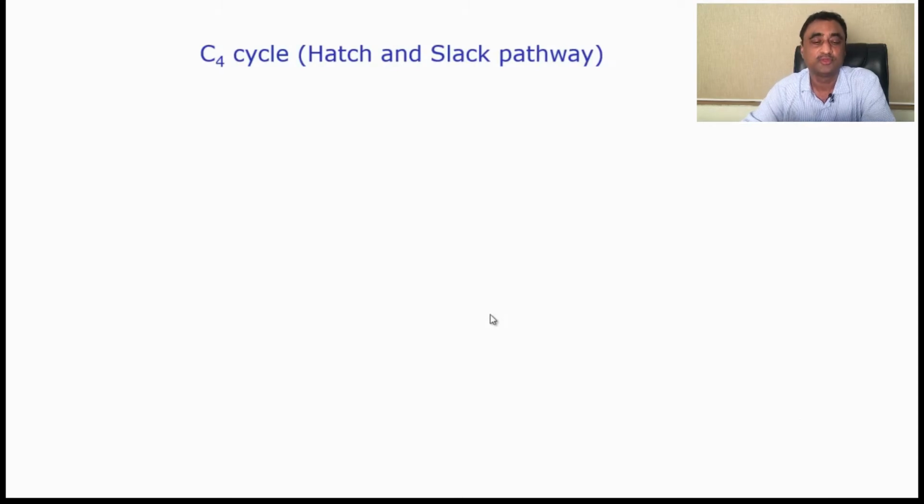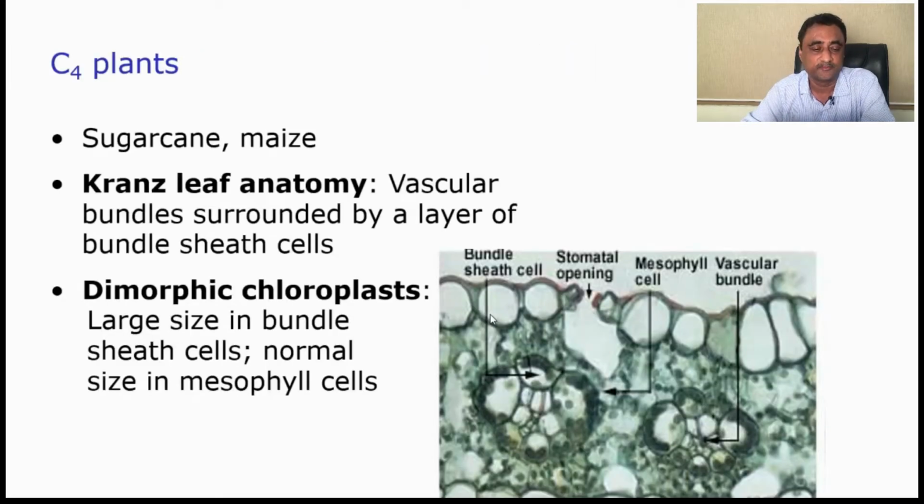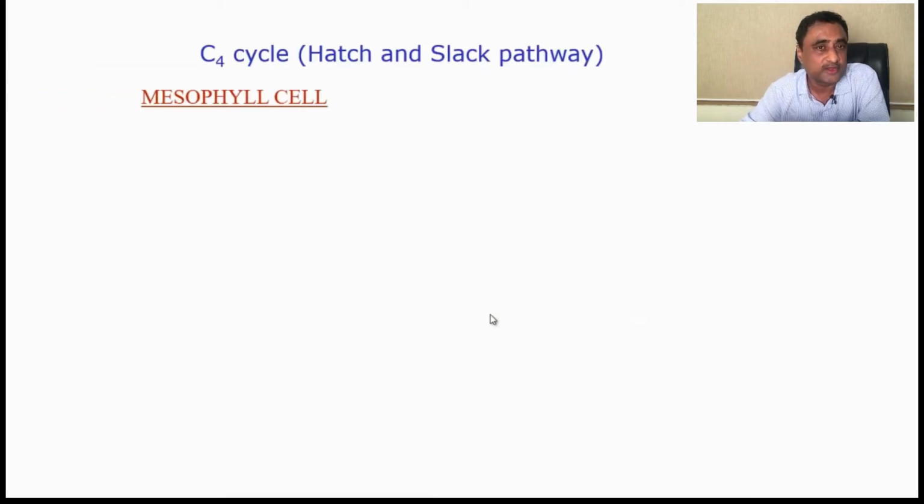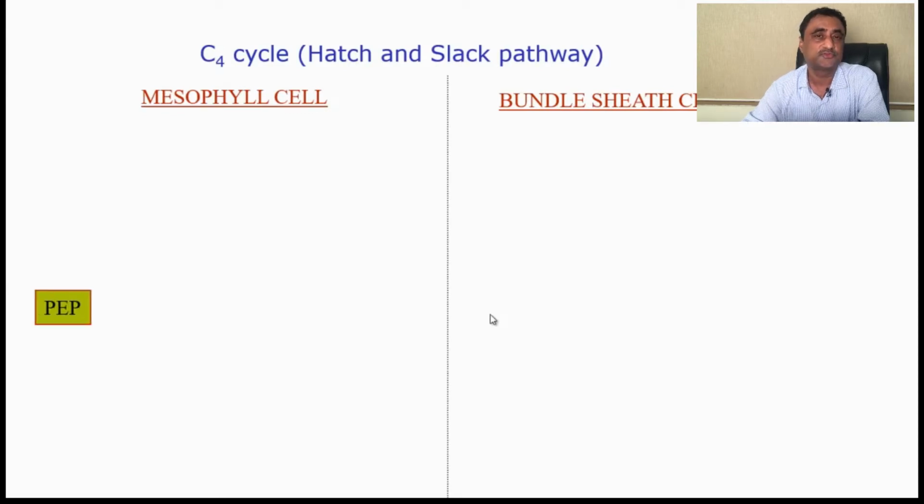Now have a look at the entire cycle. As I told you, there are two things: one is the mesophyll, second is the bundle sheath cell. In the mesophyll, the first CO2 acceptor is PEP. Now it is different from the C3 cycle. In the C3 cycle, it was a 5 carbon compound, RuBP, but here phosphoenol pyruvate, a 3 carbon compound, acts as the CO2 acceptor.